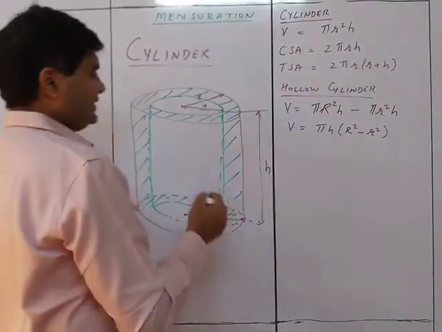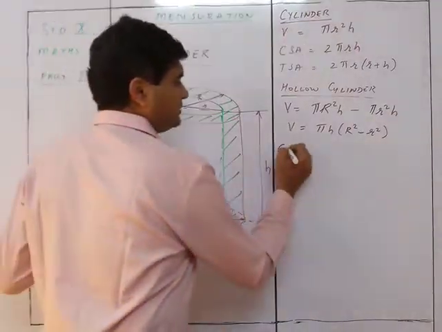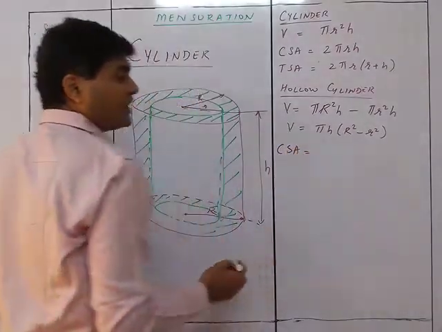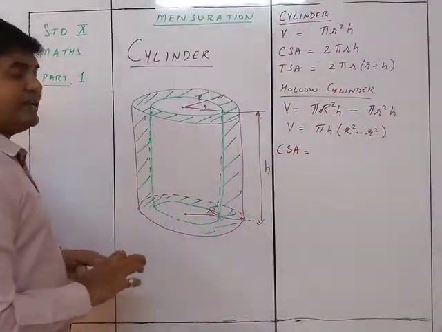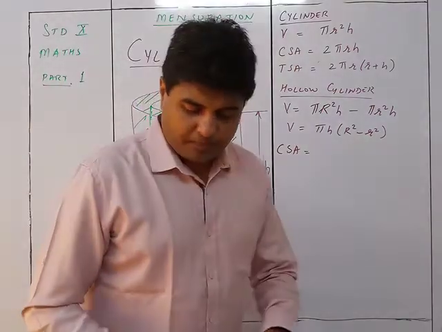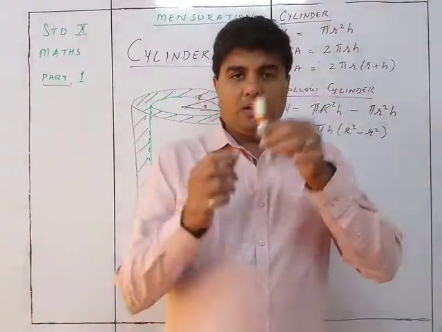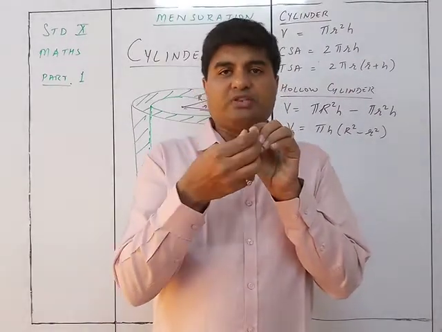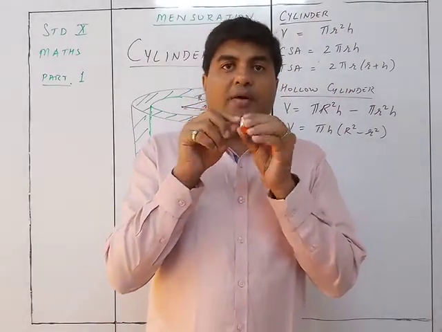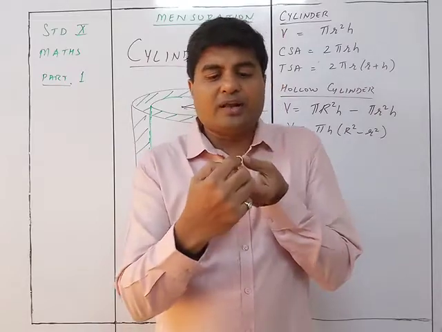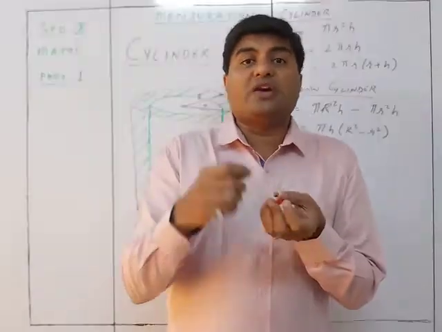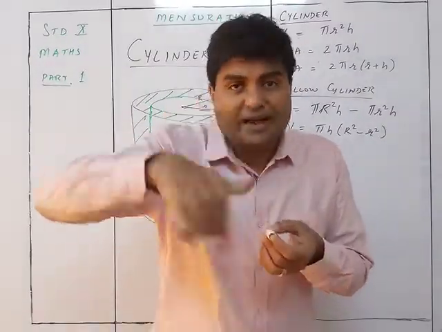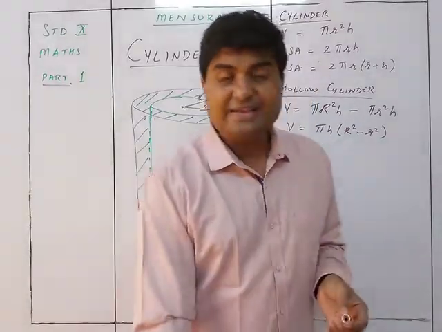Now we come to the CSA, that is curved surface area. See, suppose I take this particular thing, when it is like this, I am able to touch only the outside. Can I touch inside? No. But when I make a hole inside, then I am able to touch even the inside. Surface area is something which you can touch or which is accessible to you.